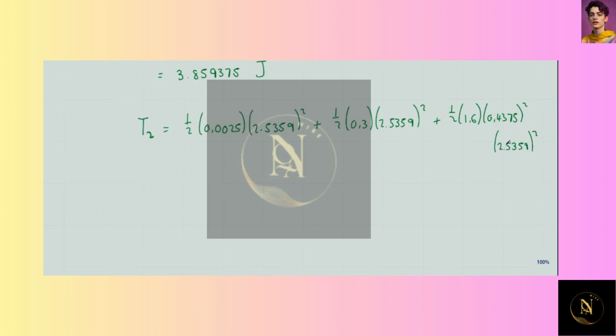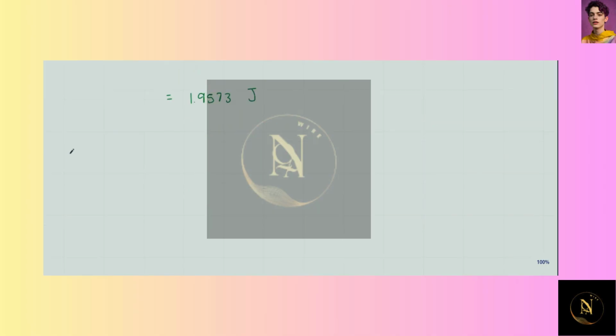So we just replace the linear velocity with r times omega. And if we solve for the kinetic energy in the second position, we get 1.9573 joules.